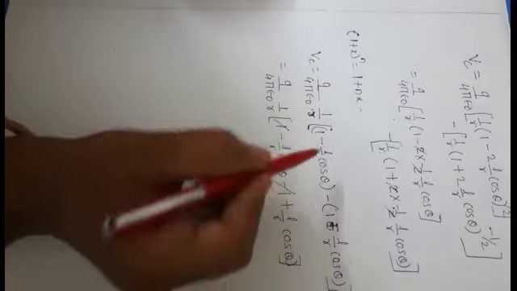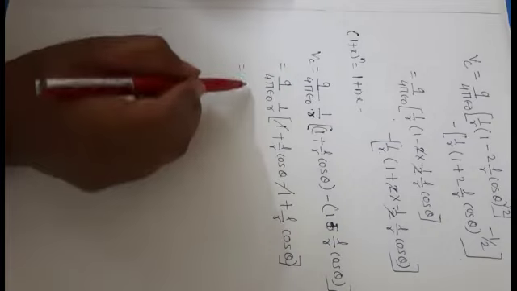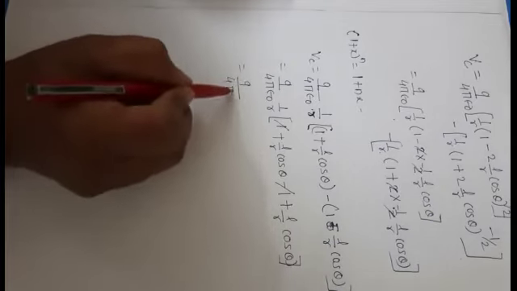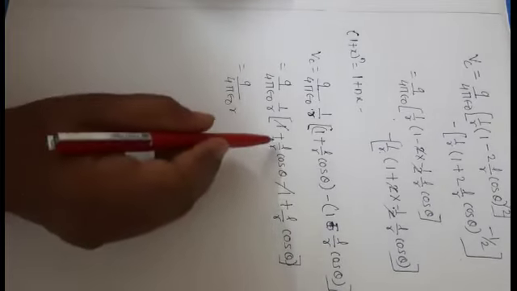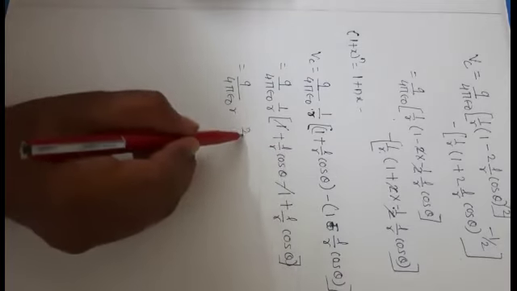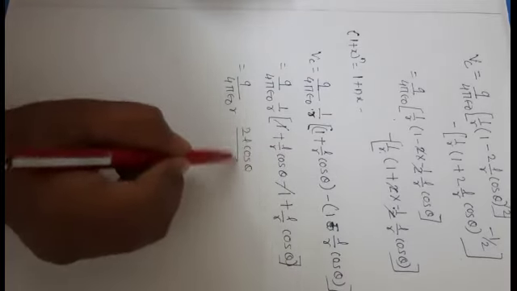So the equation is q upon 4 pi epsilon 0 r, the remaining term being 2L cos theta upon r.